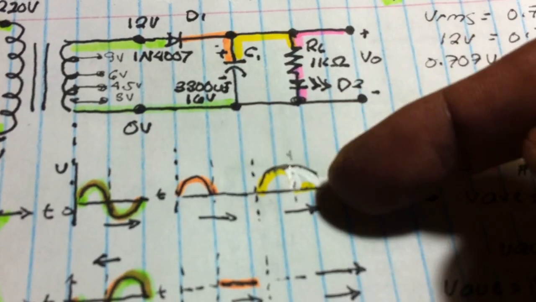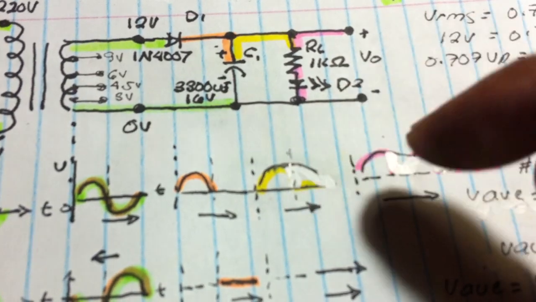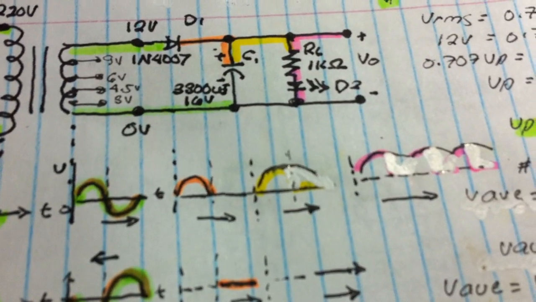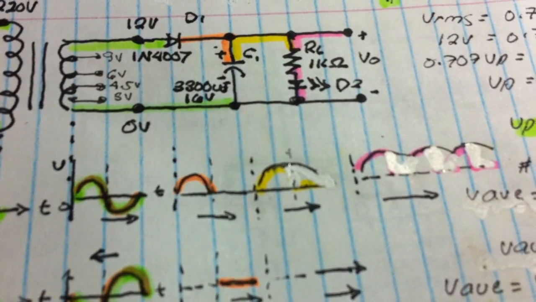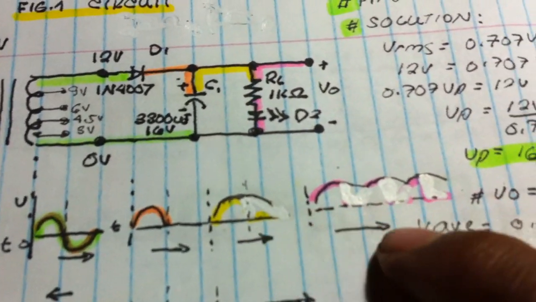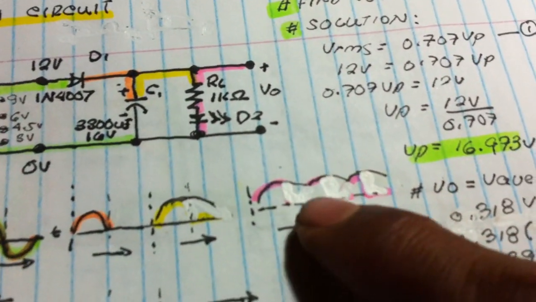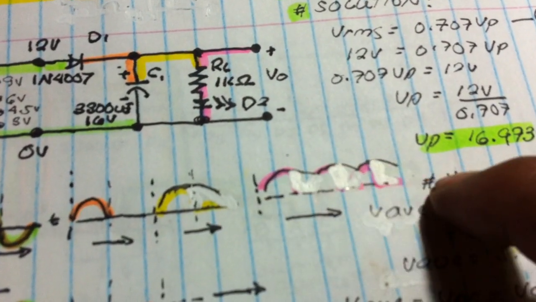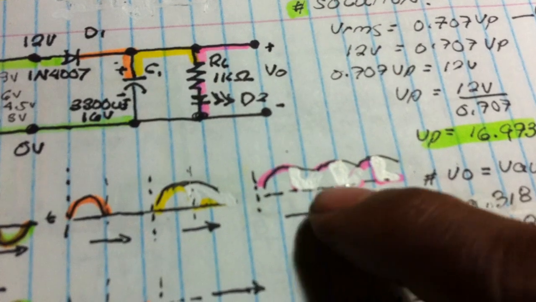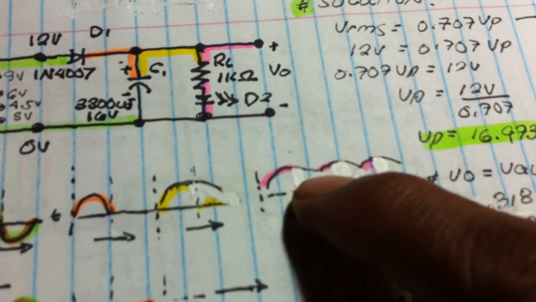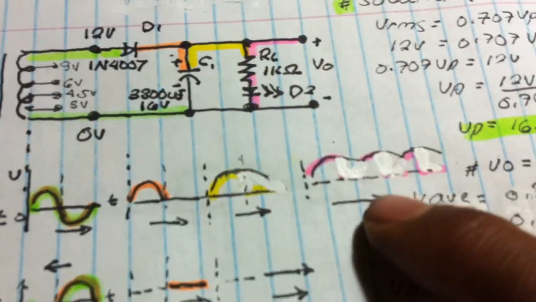So this is equivalent to 1 cycle. This very big discharging effect of the capacitor, very big waveform. And if we have 3 cycles, this is 1 cycle, we have this pulsating direct current with a smoothing effect of the filter capacitor.